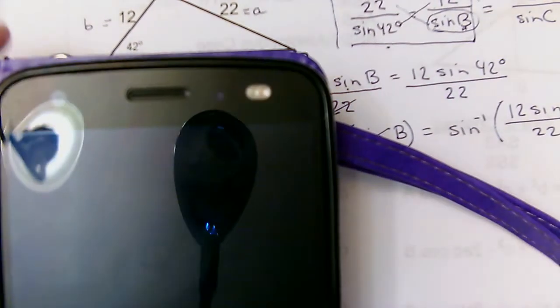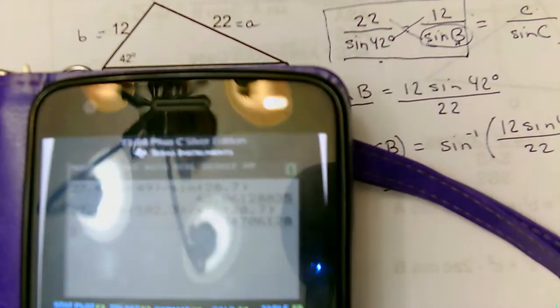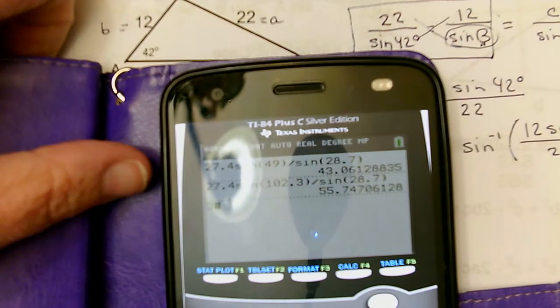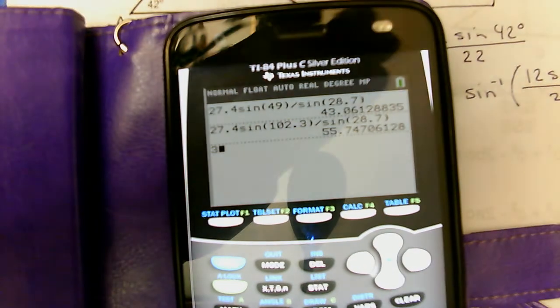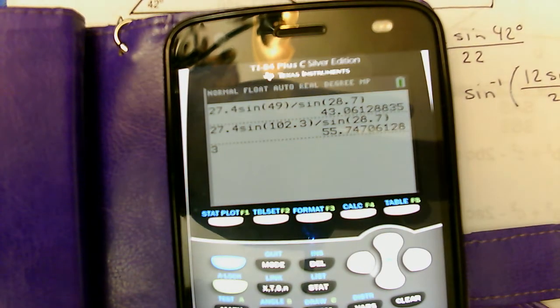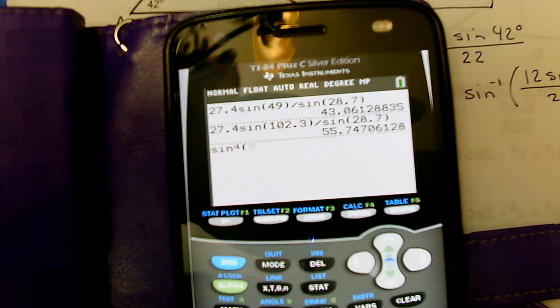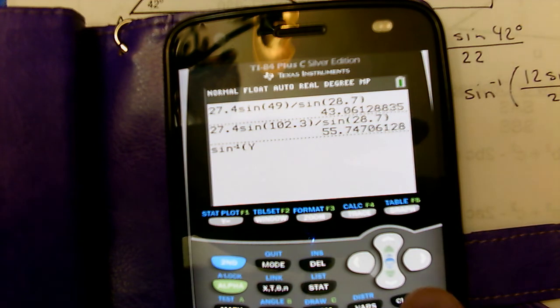So here again, bad reflection, sorry about that. Inverse sine is second sine, and I'm going to use my fraction template, alpha y equals 1. Oops, wrong button there.